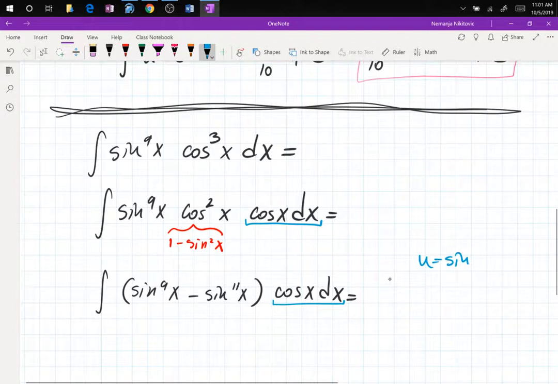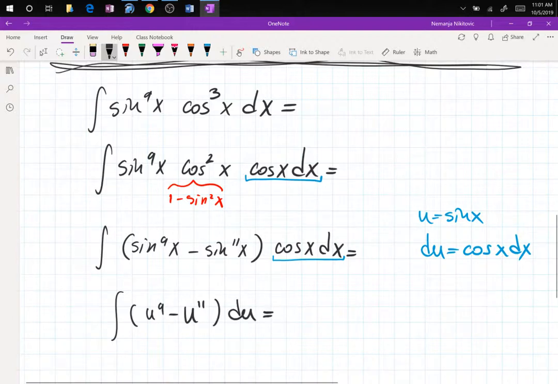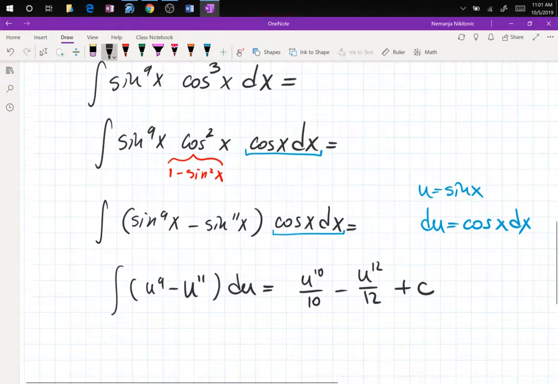u equals sine x, du equals cosine x dx, and that gives you the integral of u to the 9 minus u to 11 du, and integrals, right, u to the 10 over 10 minus u to the 12 over 12 plus c.